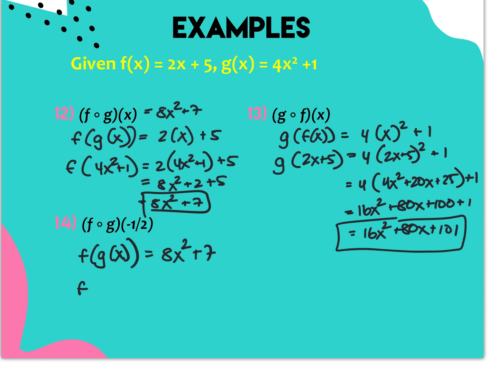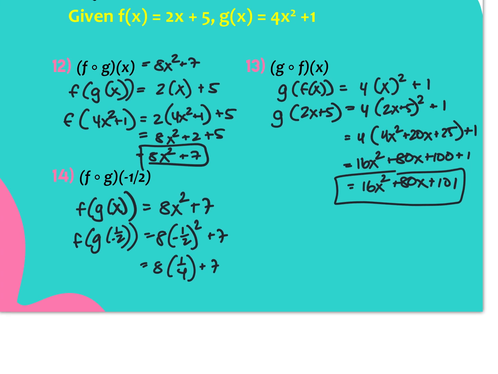So if x is negative a half, we're just going to plug it into here. And I'm going to get 8, negative a half squared is a fourth. I'm going to get 2 plus 7 is 9. And so my answer is 9.